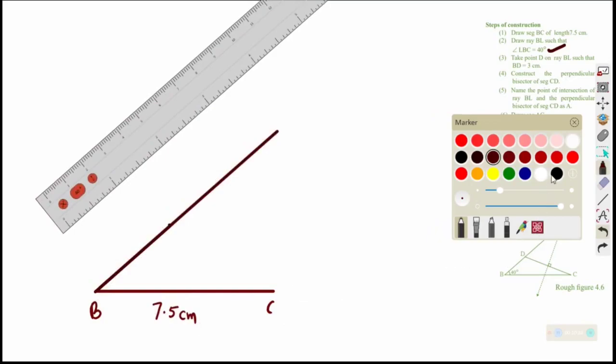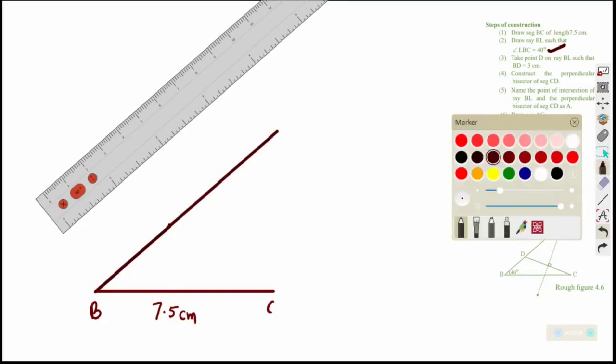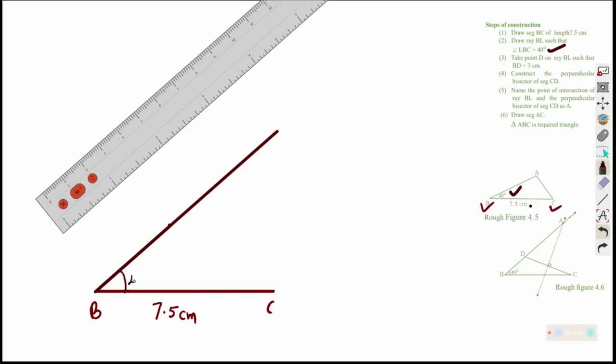Now we will be thinking about the other aspect. We need to measure a length of 3 centimeter on BD. Here it is 40 degree, and I am going to take the compass for the purpose of measuring 3 centimeter.